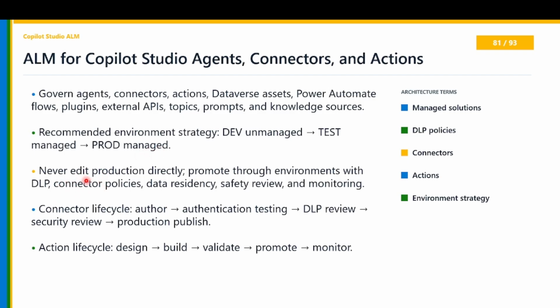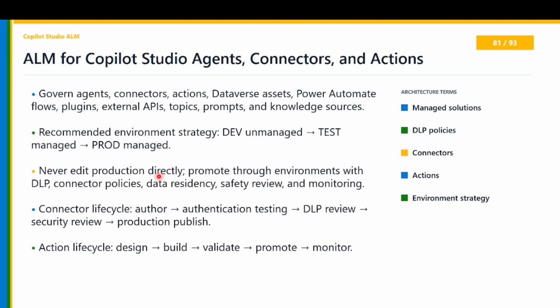The next point, never edit production directly. Even in traditional application development, you do not edit production directly. You edit in development and create a pull request to staging, and then it is accepted in staging and tested. If it meets the production standard, then it is deployed from staging to production.